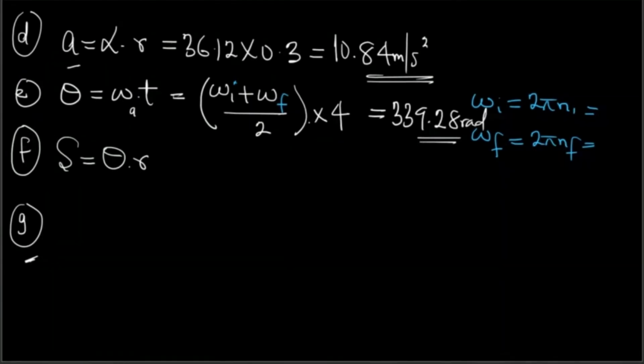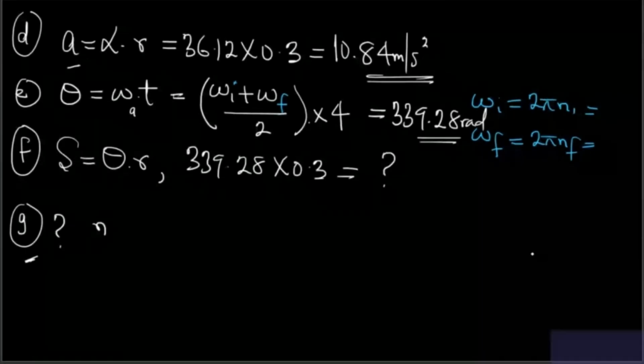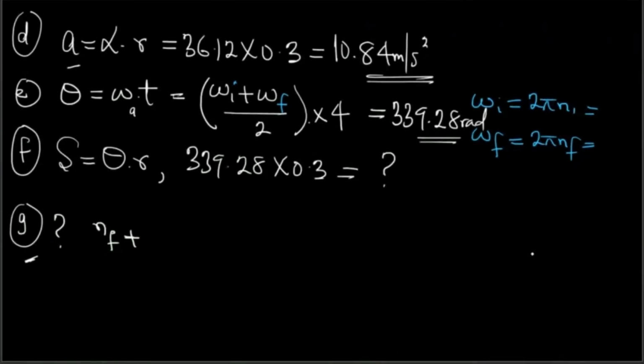Then with this one, it's just going to be 339.28 multiplied by the radius, which is 0.3. I'm going to leave this for you to figure out. The number of revolutions made during 4 seconds: the average rotational frequency, and then you multiply it by 4.